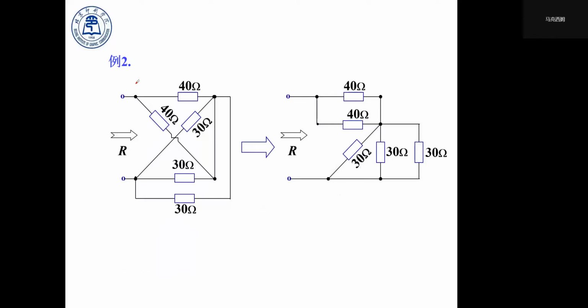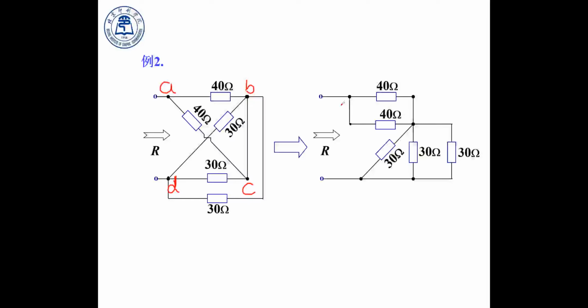So we give each conjunction point a name. The first one we call A. The second one we call B. The third one we call point C. And the fourth one we call point D. Right?